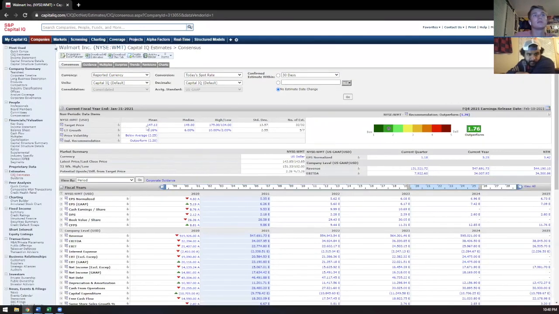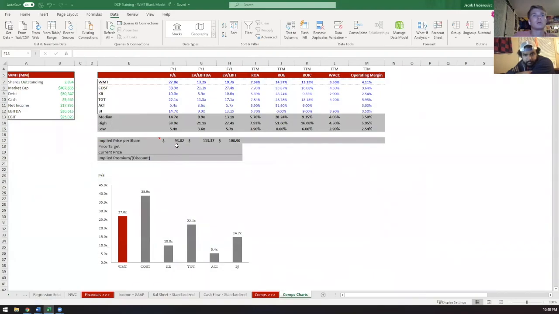And right here, it tells you target price by analyst, the median, the high, and the low. So what we're looking for is this median. That's what the middle of all the analysts think it is. So it's 149.00. So I'm going to just hard code this in there, 149.00.